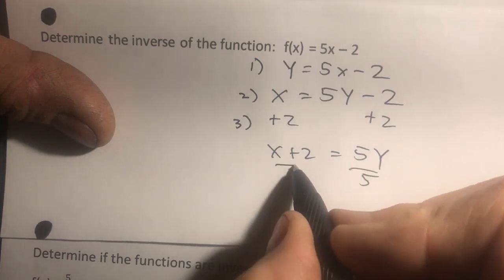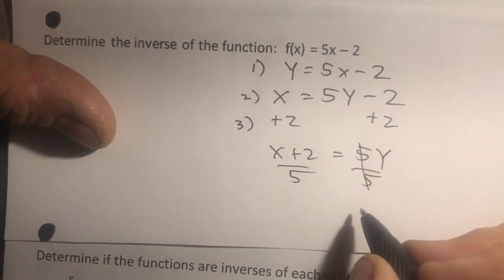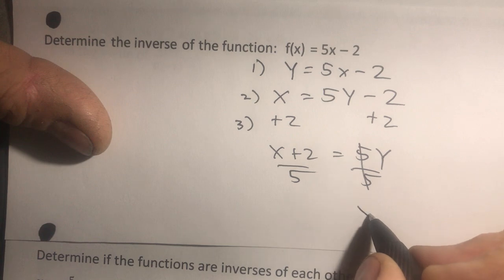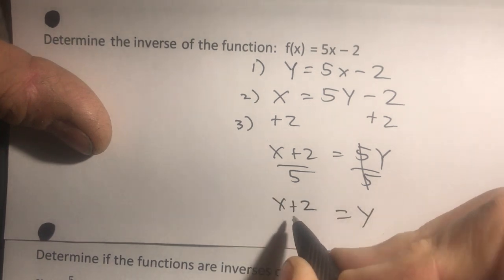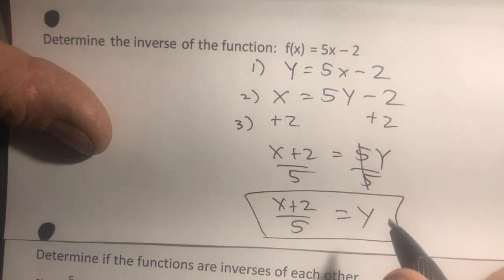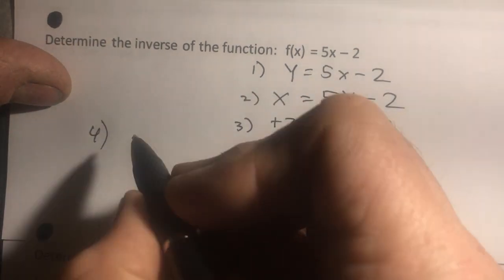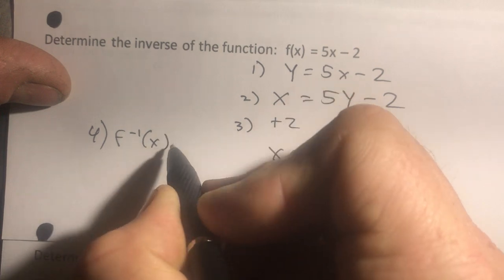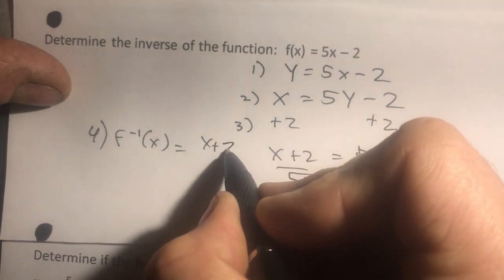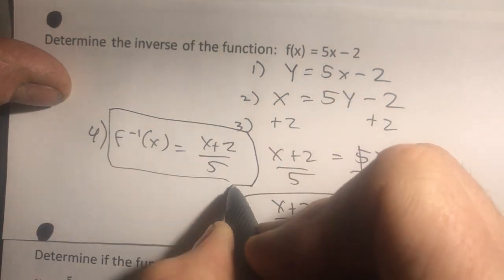And then I divide by 5, and so y equals x plus 2 all divided by 5. Now step 4, I change y to f inverse of x. So there's my answer right there.